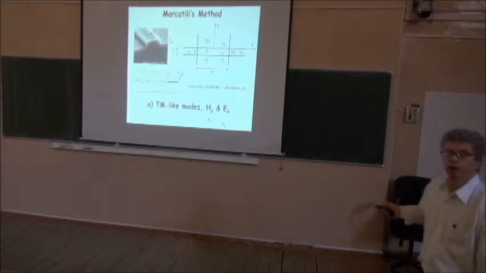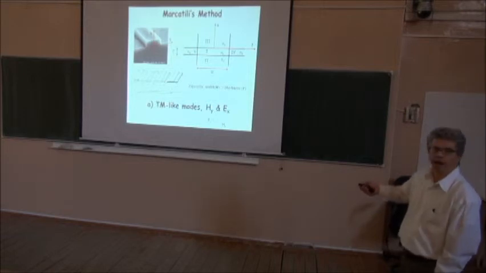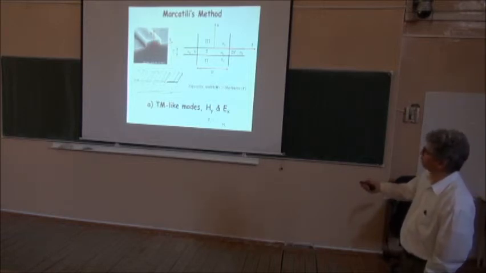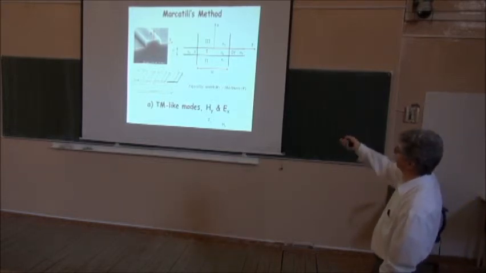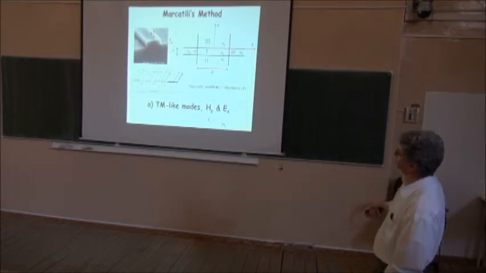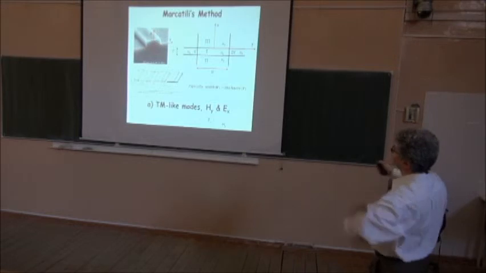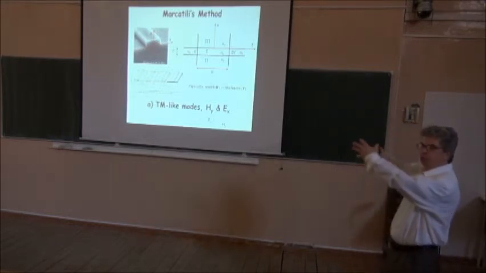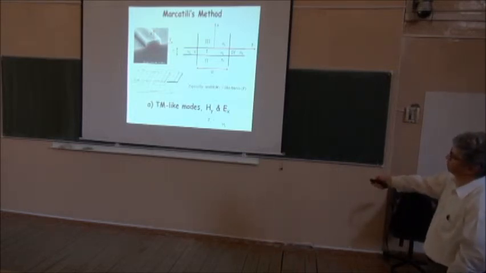Okay, as an example here, we're going to look for solutions of one kind, and we're going to call them TM-like modes, because I will look for confinement in this region again. The Z is going inside the board. And I'm going to consider solutions where the magnetic field is pointing along the Y direction. So if I consider that my width is very large, and I go back to the regime of the slab waveguide, that's what we were calling the TM solution.